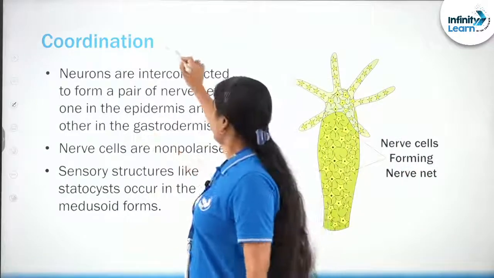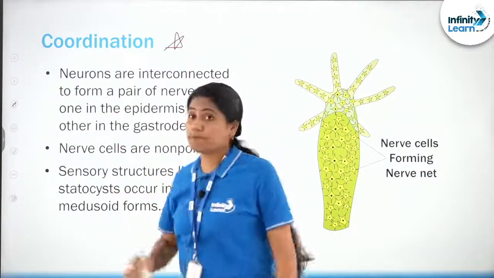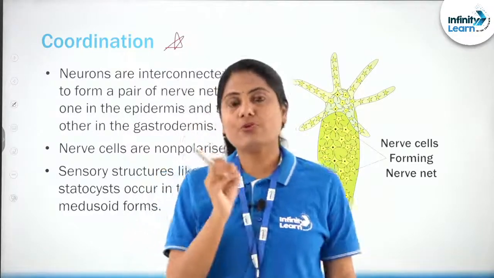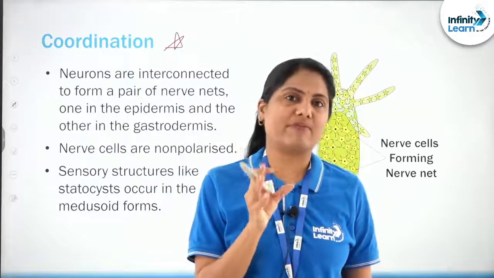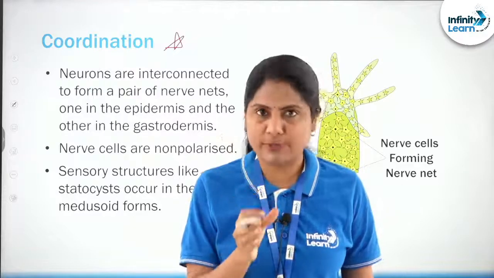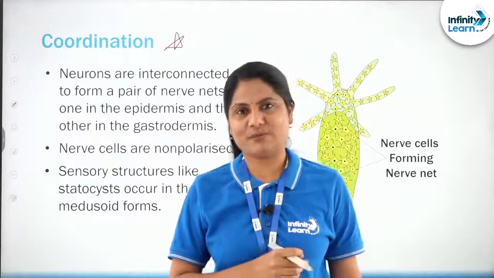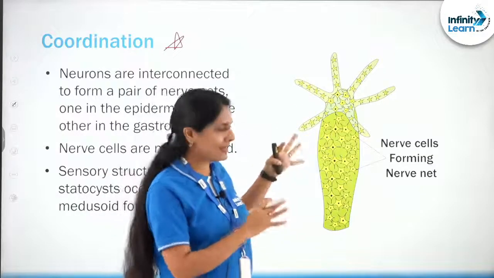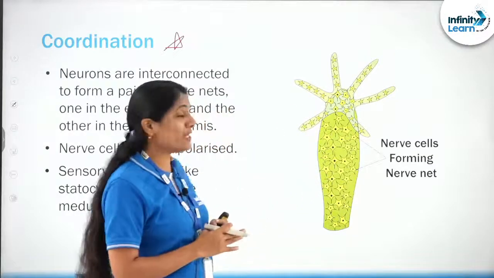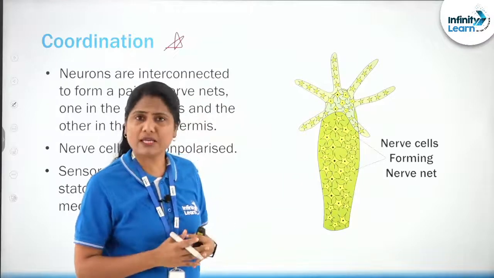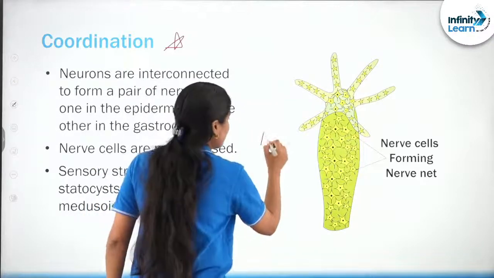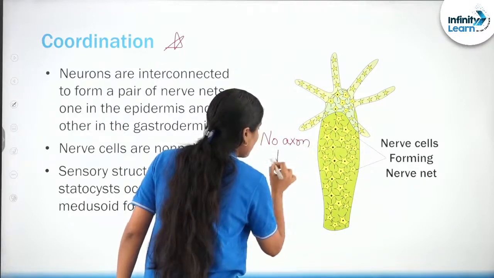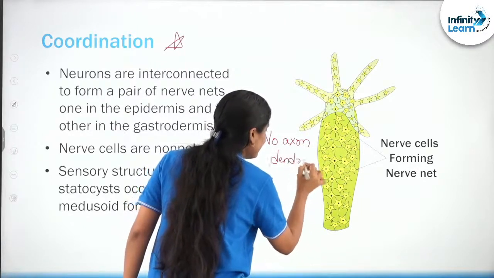Neurons. Now, this is another very, very important point. Why? Through the course of evolution, neurons are something that have made the first appearance in the phylum Cnidaria. As you can see, they form a literally nerve net-like structure. These are usually apolar. What do we mean by apolar? It is something without any axon or dendrite, right.